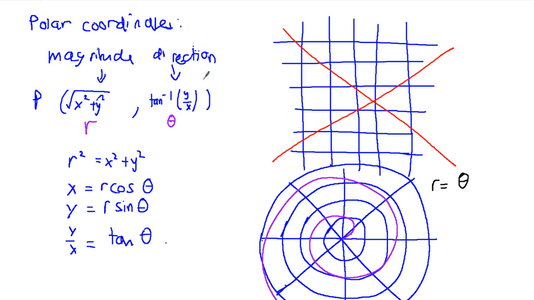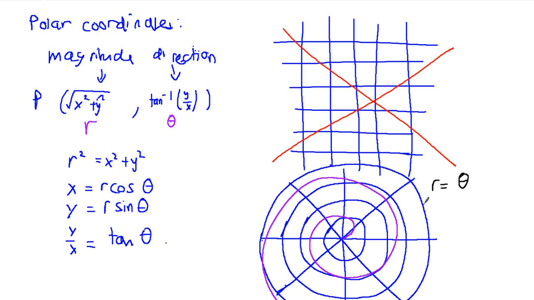There's no x and y anymore. In some cases, x has a magnitude and direction by itself, and y has a magnitude and direction by itself. So you have to change your mind into not thinking of a rectangular thing, but instead a circular thing. This is our graph of r equals theta, which is what we're going to be using, r and theta instead of x and y.